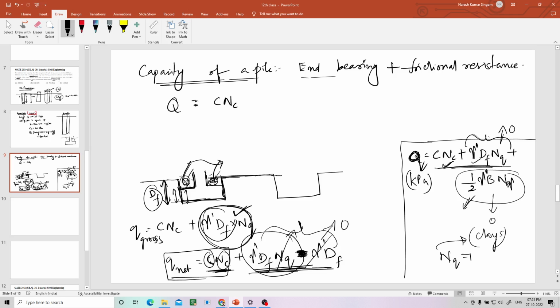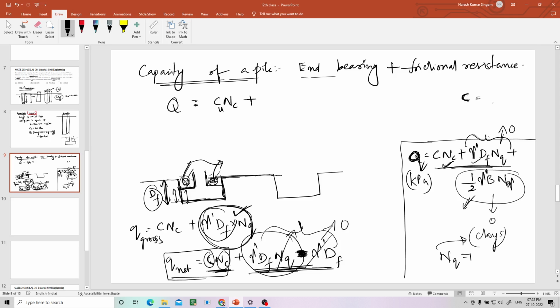Now, as it is undrained, you can take Cu. Then frictional resistance in the soil will happen. It will be coming due to the cohesion. If c is the cohesion, the resistance offered by a clay particle will also be equal to the cohesion only.